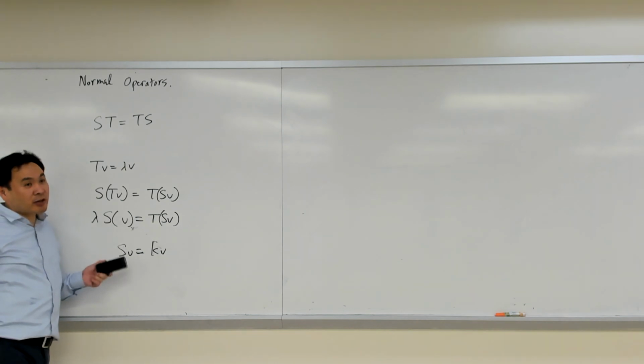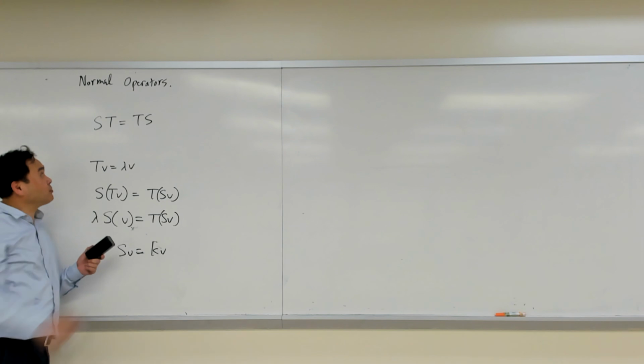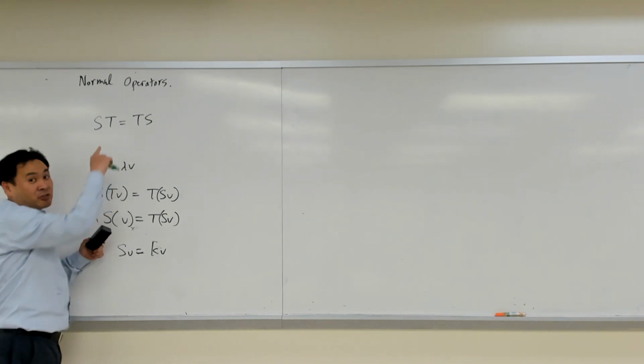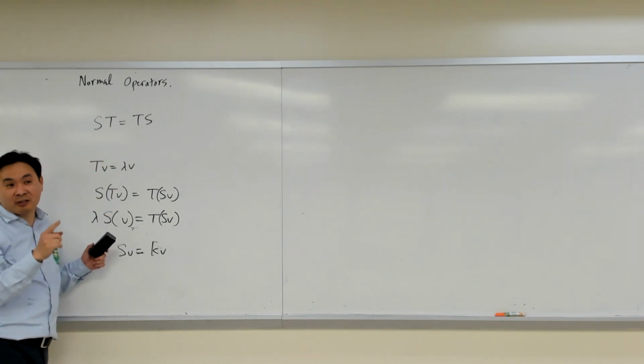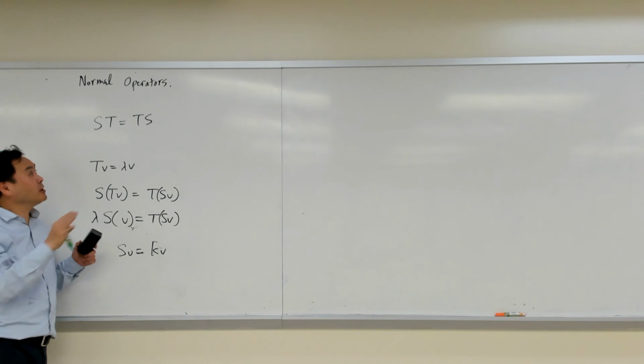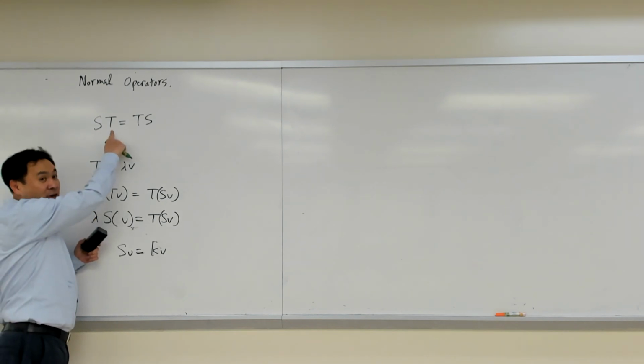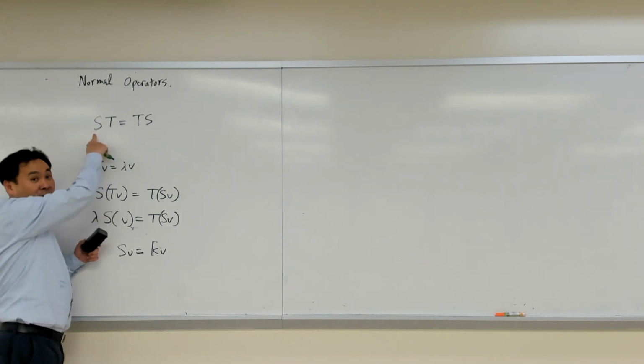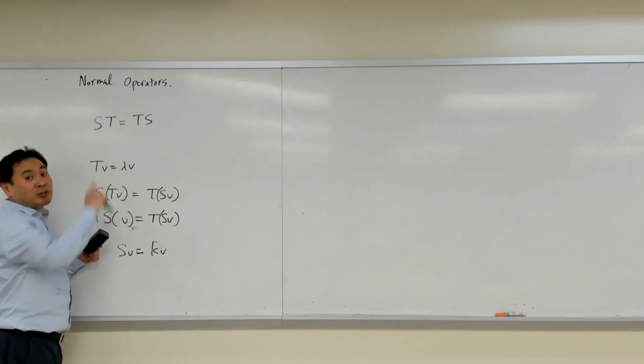If two commuting operators are separately diagonalizable, and diagonalizable is the same as saying you have n linearly independent eigenvectors, right? So if T is diagonalizable and S is diagonalizable, then they are simultaneously diagonalizable.